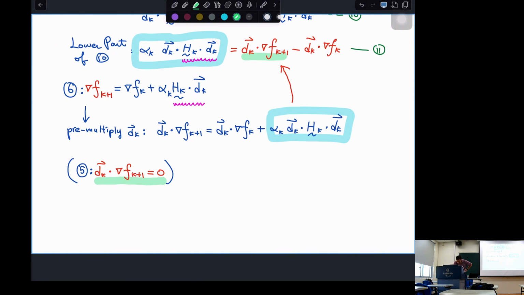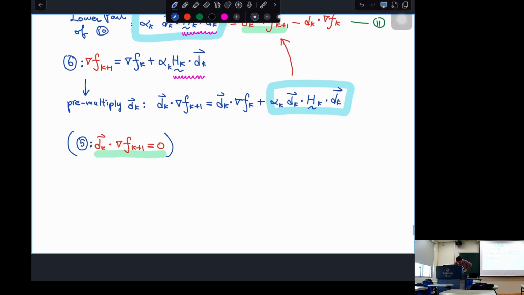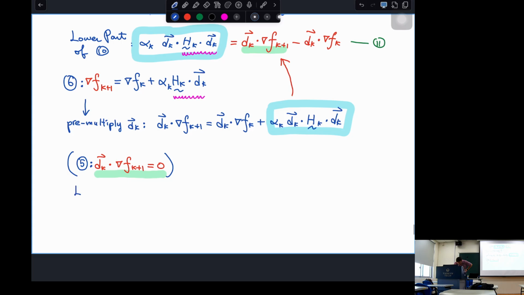So now the lower part of 10 equals negative dk dot gradient fk.